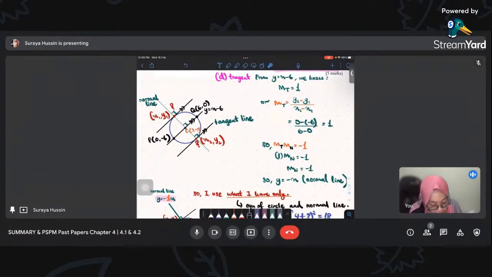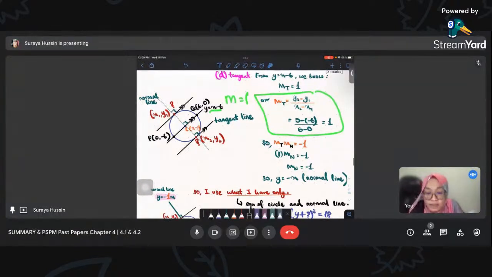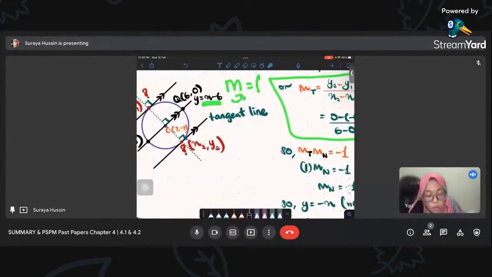Okay, the thing is, what you have here is, this is tangent line. So tangent line nak cari gradient macam mana? Sebenarnya tak cari pun tak apa. Daripada equation ni pun dah tahu, our m is 1. To be honest, if you are very clever, from this line, you can already know that the gradient is 1.